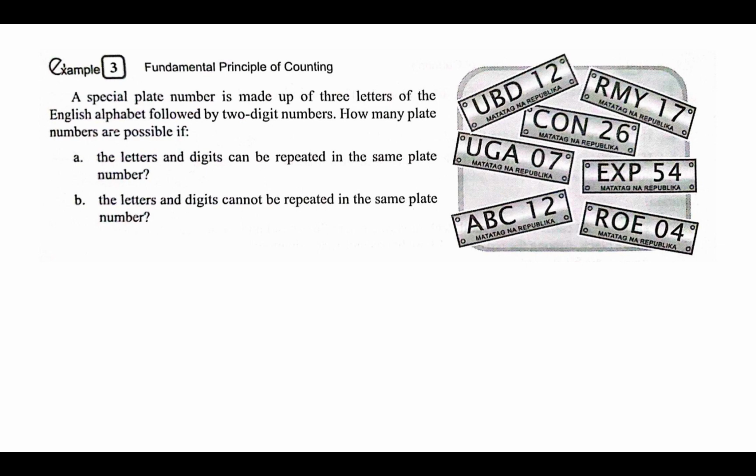It is not appropriate to use the tree diagram here because it will be so tedious, since there are 26 letters and 10 digits. With this, we will directly use the fundamental principle of counting.